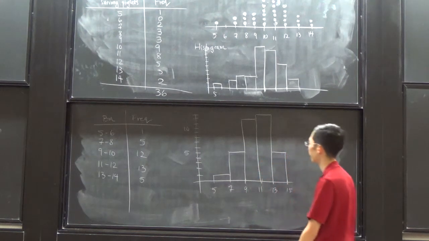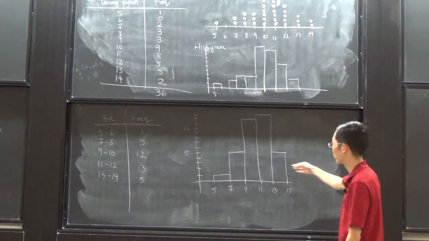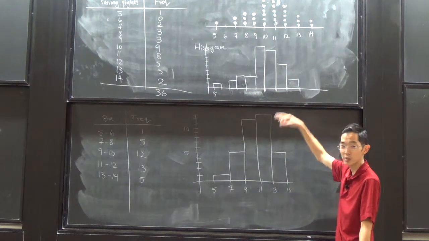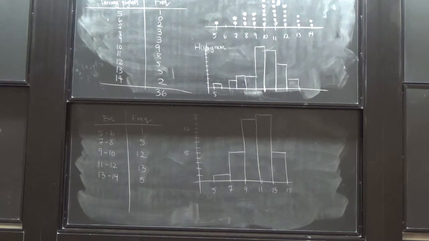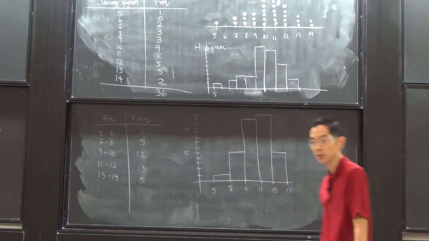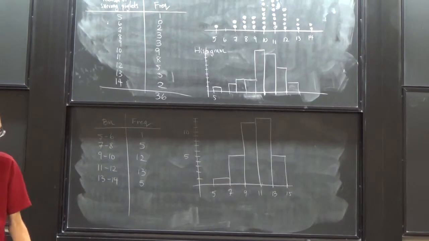Okay. And so here is my histogram where I've changed the bin width to a width of 2. So both of these histograms have the same underlying data, but they do look somewhat different. And that is because we've changed the bin width on those.